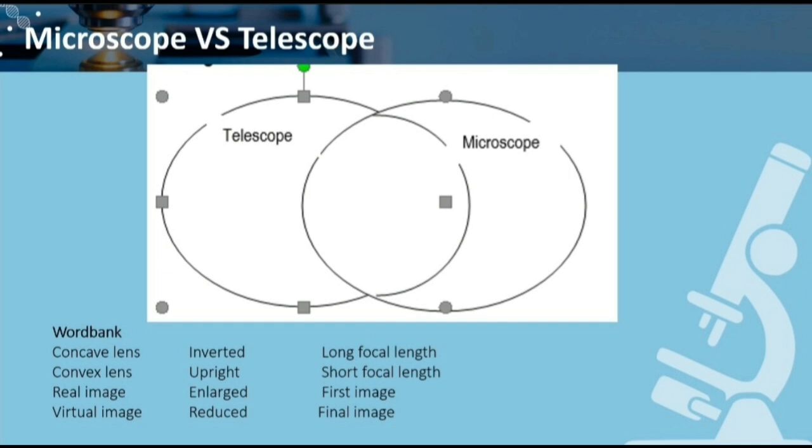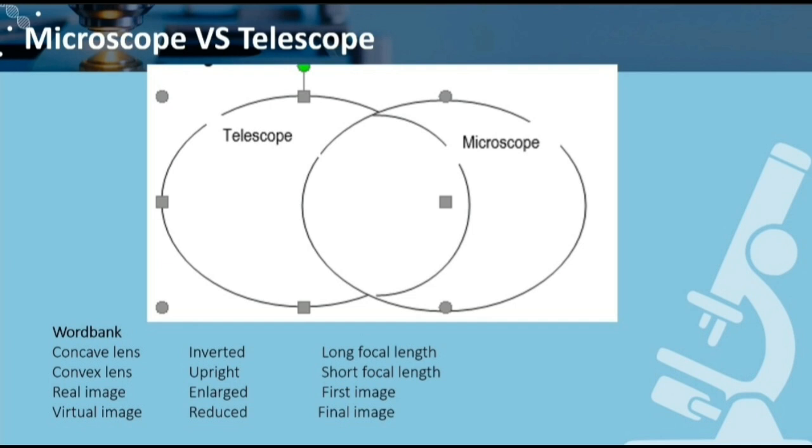Okay, let's check your answers. For telescope and microscope, both have a convex lens. They also have a real image. At the same time, they form a virtual image. The images formed are also inverted, upright, and enlarged.